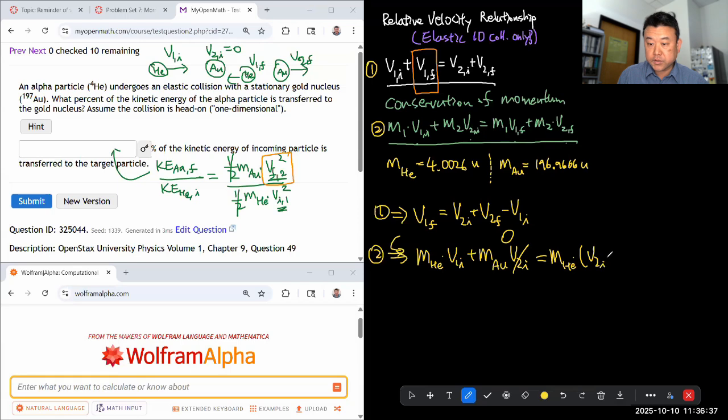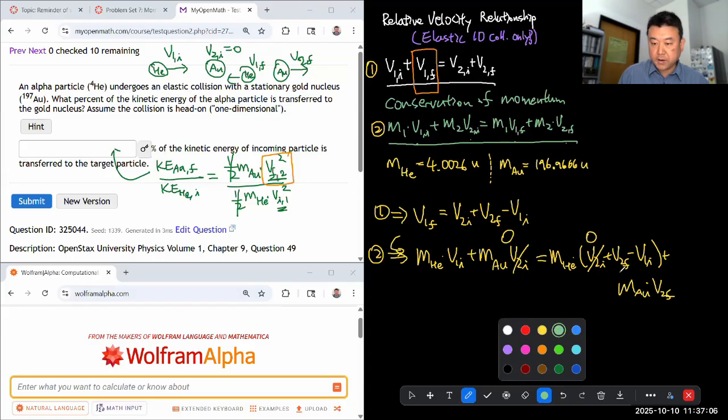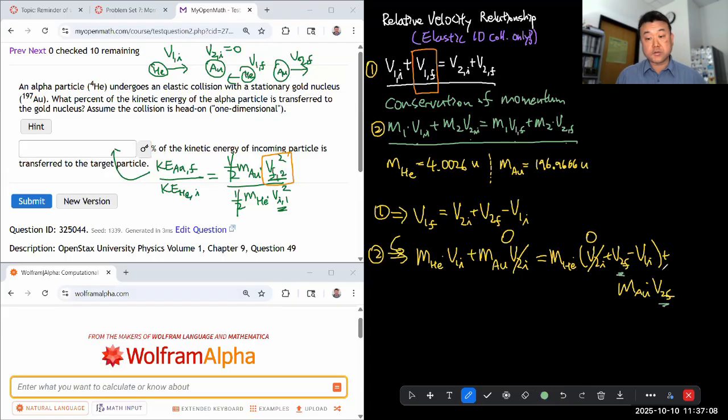So it's a V2 initial, which is 0, plus a V2 final, which I'm trying to solve for, minus a V1 initial, which hopefully I can express everything in terms of. Plus, I have mass of the gold times the V2 final. So I'm still trying to solve for that. I see that on the right hand side is where I have this V2 final that I'm trying to solve for. So let me combine the like terms that way. On the right hand side, it looks like I have this term and this term.